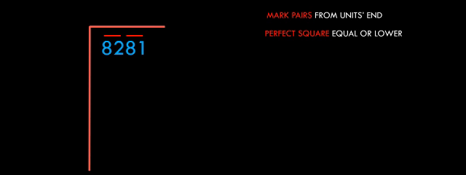Then we will find the perfect square which is equal to or lower than the first pair from the left, which is 82. The perfect square lower than 82 is 81.